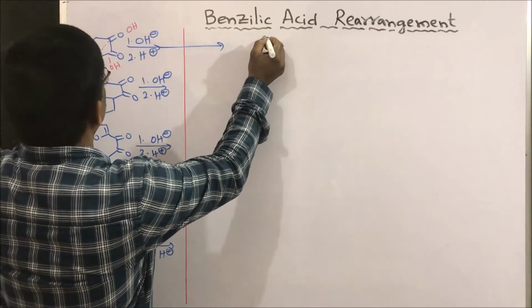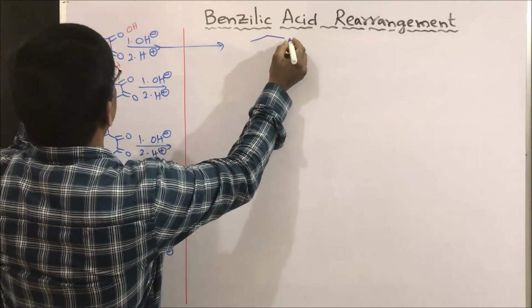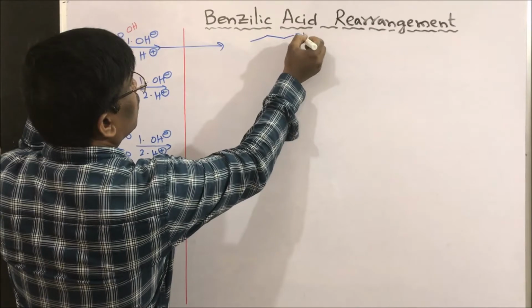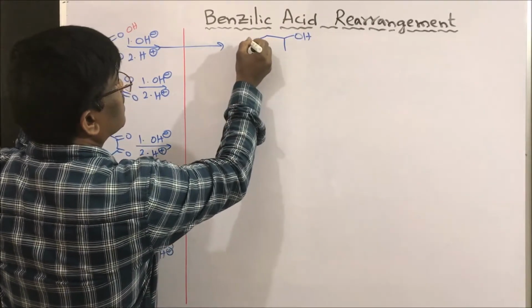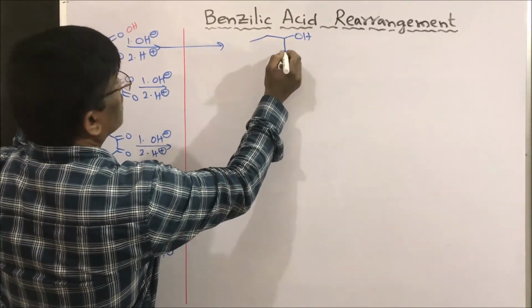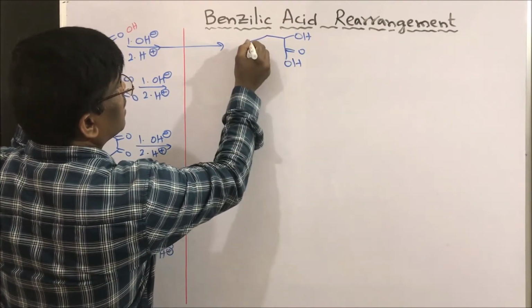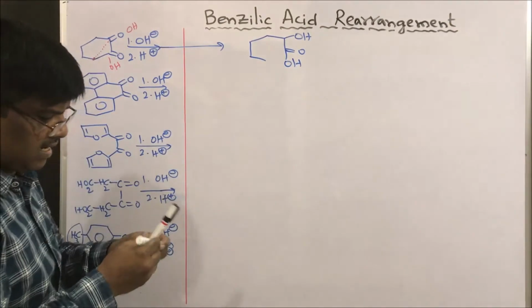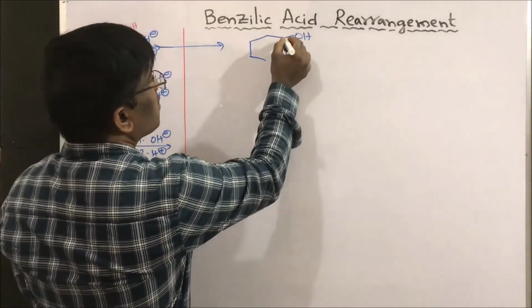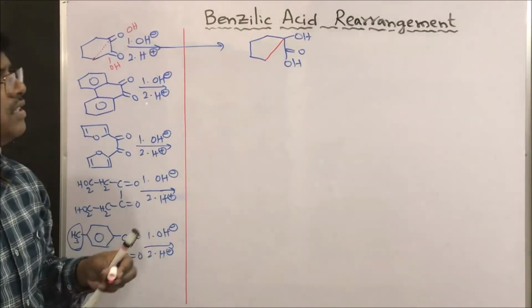Let us write. OH. This double bond O will be there. OH will be there. And here, what I said? We are making a new bond. So this is the compound.